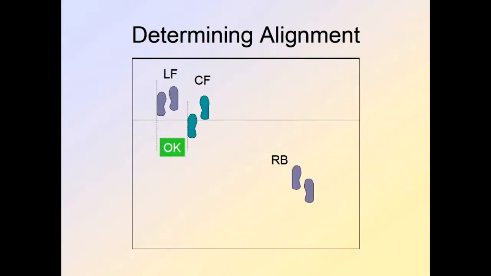In the right back position with the center back, the right back, as we stated earlier in the rules, should be closer to the right side boundary line, and in this case, the center back is actually closer to the right sideline and therefore would be an illegal alignment.